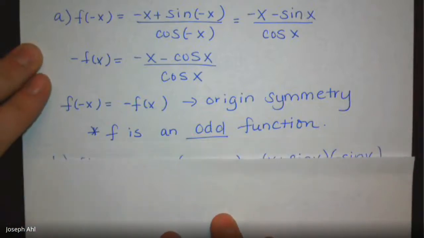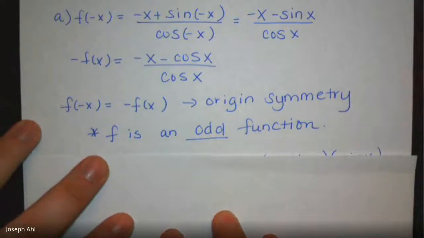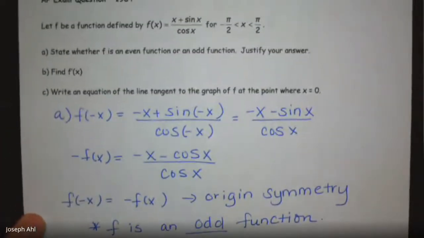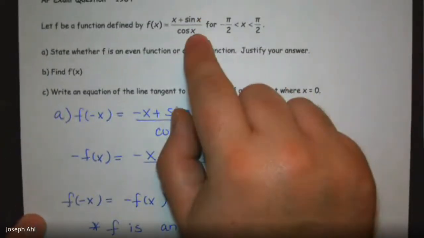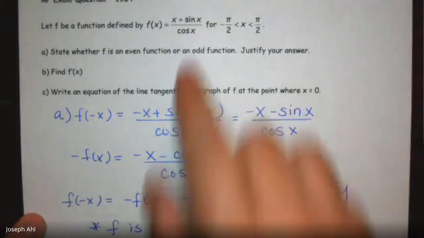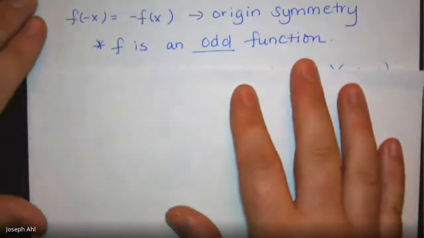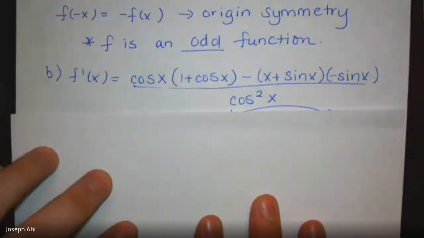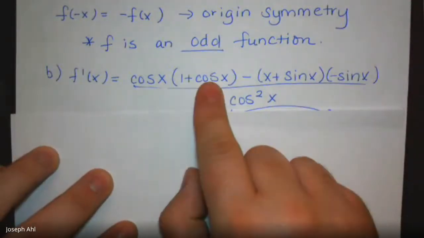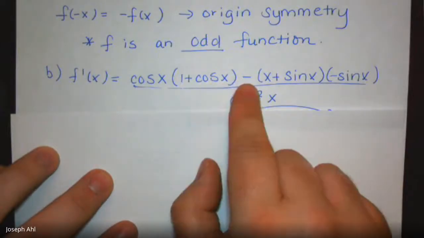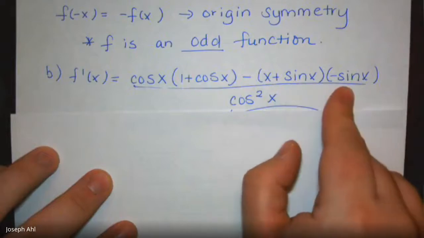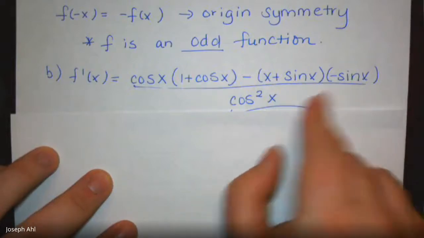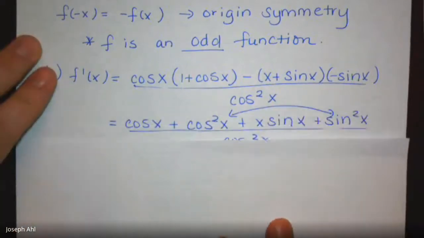Okay, part B, find the derivative. Well, we should be really good at finding the derivative at this point, because what do we know? We know trig derivatives and we know the quotient rule. So I'm hoping that you applied all of those ideas into one, low d high minus high d low over low squared. So that's what we got here, cosine times 1 plus cos, derivative of the top, minus the high function times the derivative of the bottom over the low function squared.